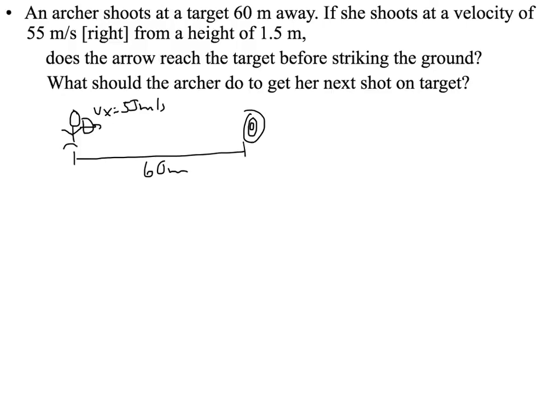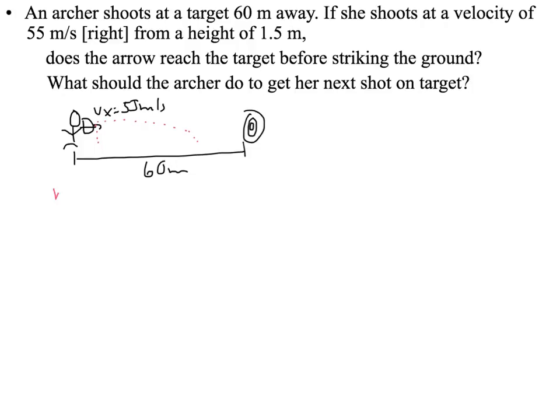So we need to find the time before the arrow hits the ground. So in this case, we're going to look at the vertical component only, once again. Because like we said, whether it goes like this or straight like this, the timing is going to be the same. Okay, so if we focus on the vertical component, we can find out the time it would take for it to hit the ground.